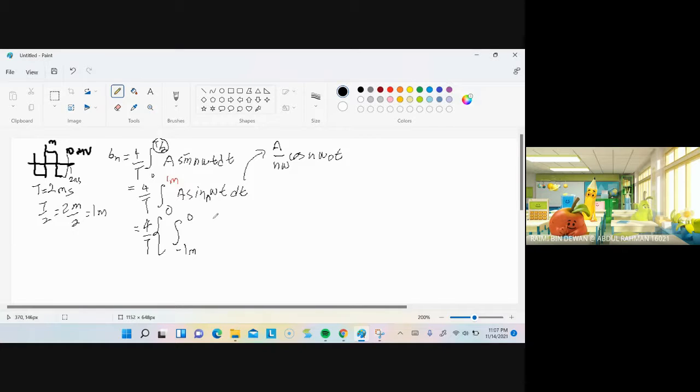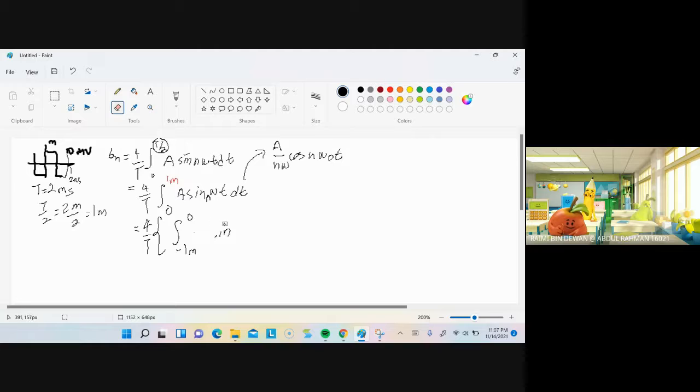And then A sine. Because it is negative, A sine.